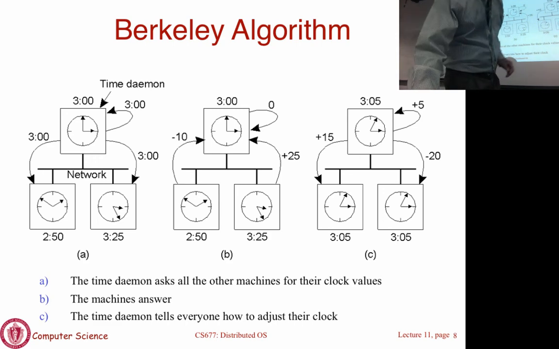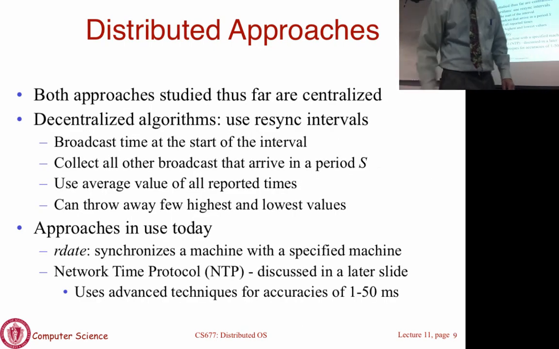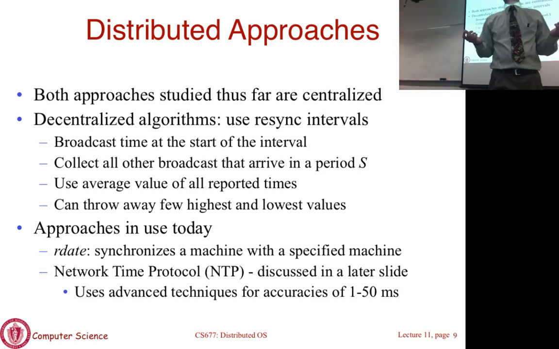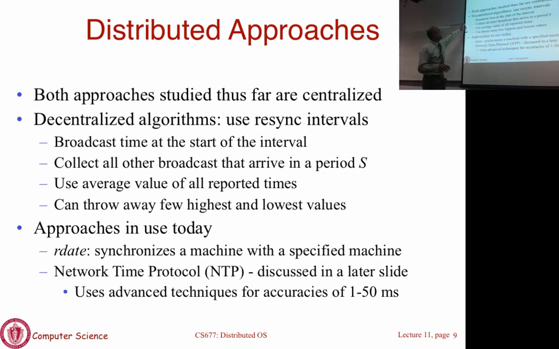So you can simply use a distributed version of this where rather than using a time server, you just ask everyone to broadcast their time to everyone else, and you can compute the averages locally. If everyone told you what their clock value is, you can take those values and compute the average. So that's basically a decentralized approach.